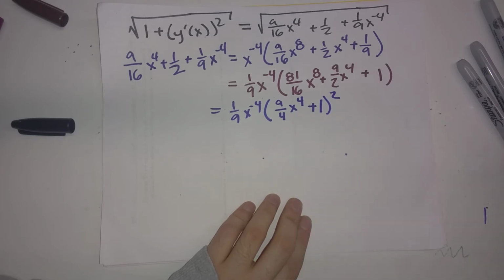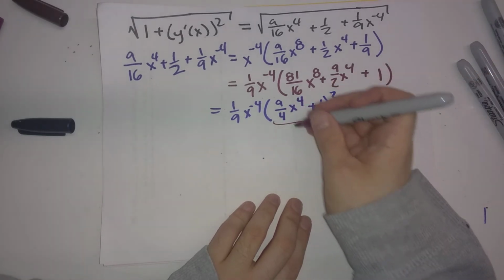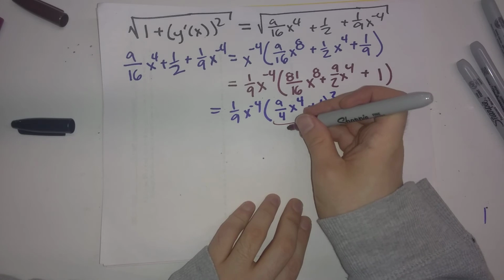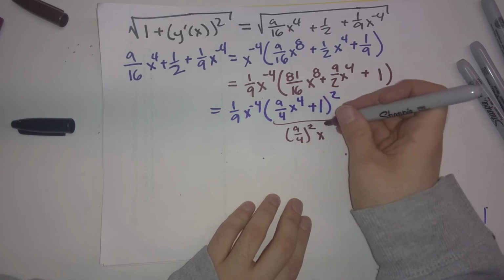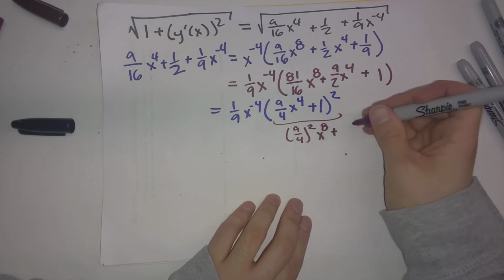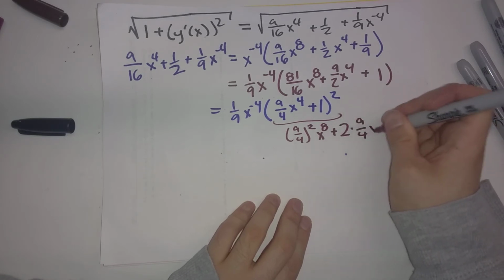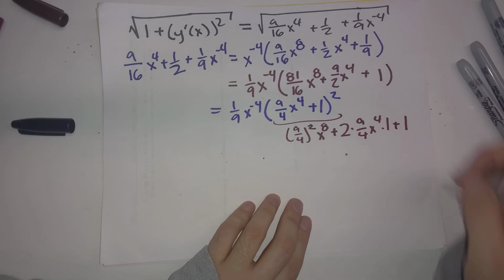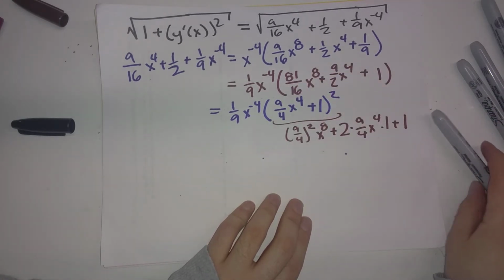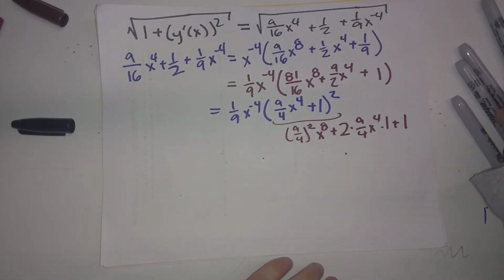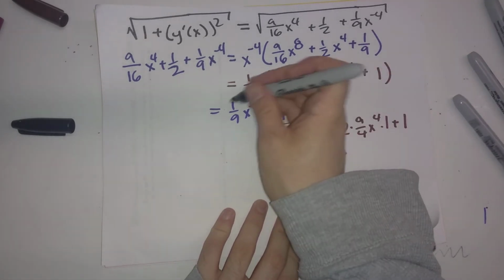Because when you square this out, I'm just squaring the thing in there: 9 over 4 squared, x to the 4 squared is x to the 8th, plus 2 times 9 over 4 x to the 4th times 1, plus 1. And this ends up as this. So hooray, this is a perfect square.